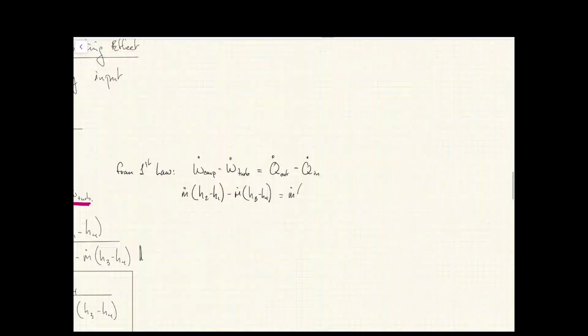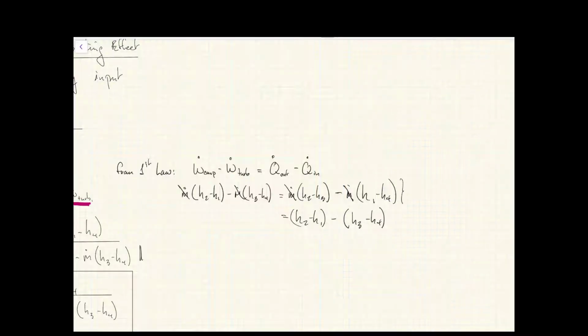Okay, the m dots are all canceling. And on that side, I get H2 minus H1, rearranging these, minus, what do I have here? H3 minus H4. I've just rearranged this, and lo and behold, that's what I got on my left-hand side as well after I get rid of my m dot.